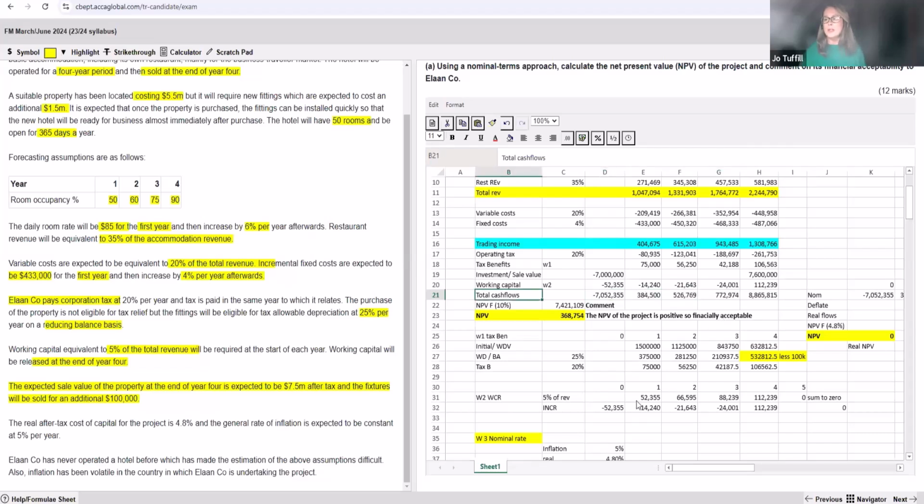Now, you can either use the net present value function or you can use the discount factors. So if you wanted to use the discount factors, you can just pop them in as a line and then obviously use the tables.